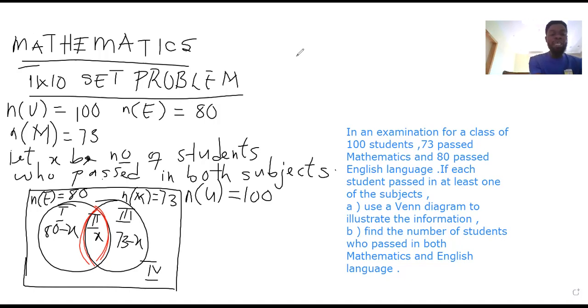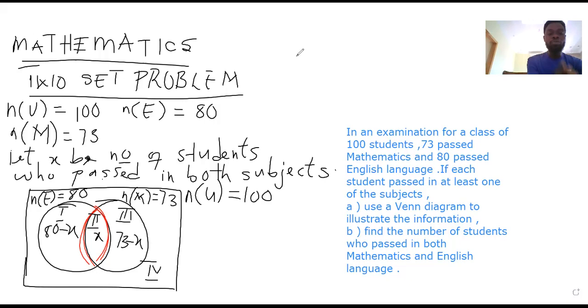Region 2, those who pass in both English and mathematics. Region 3, those who pass in mathematics only. And region 4, those who do not pass in any of the two subjects, which we don't have, that is 0 for now in this question.